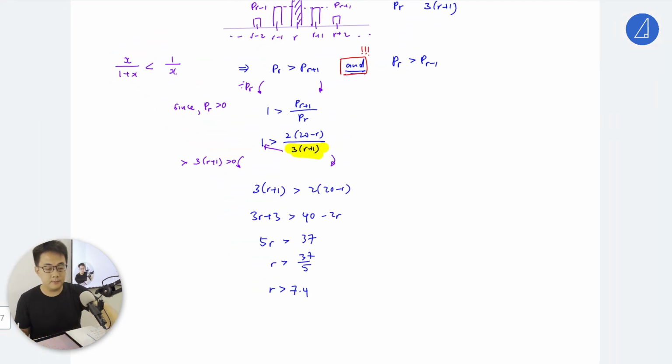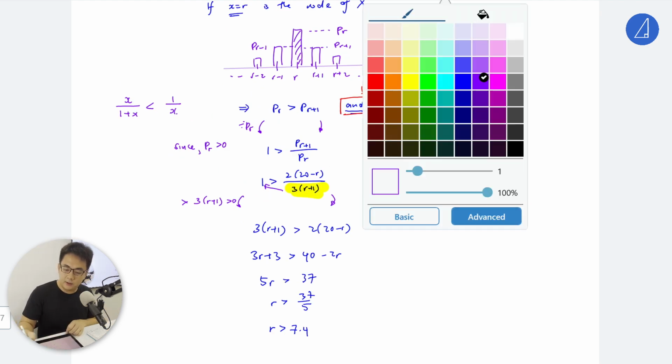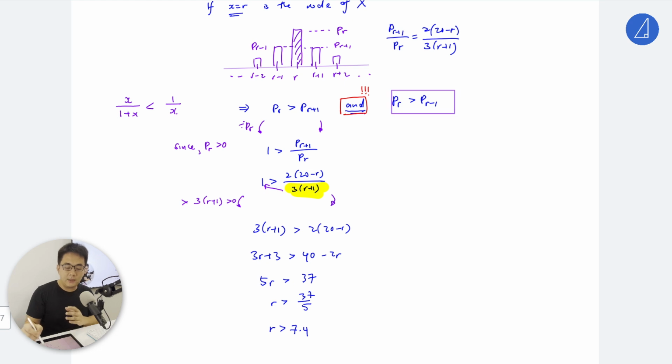That's one side. We need to do the other end as well, because sometimes there will be a chance whereby it will be bimodal. Bimodal just means you have two modes of the same class. If R is the mode, R plus 1 can also be the mode, under a very specific condition.